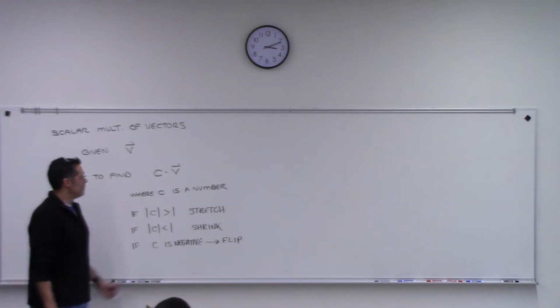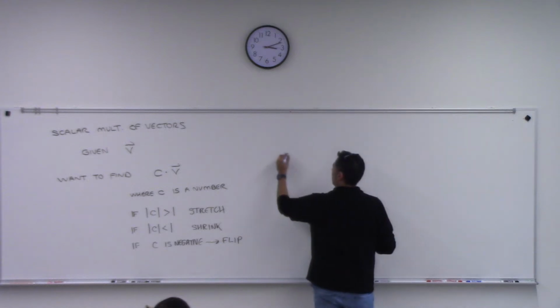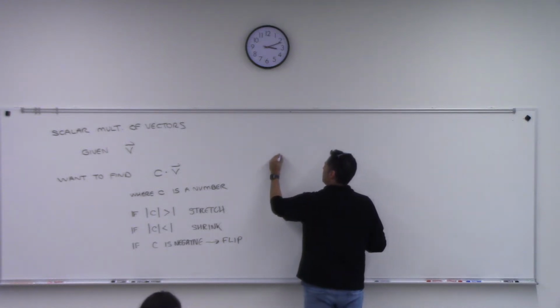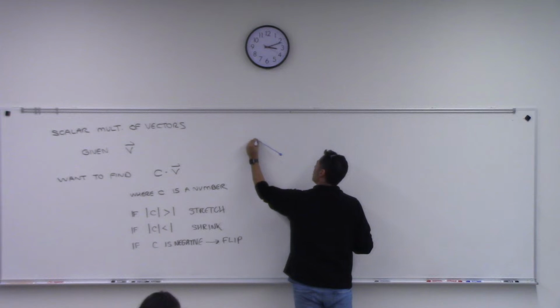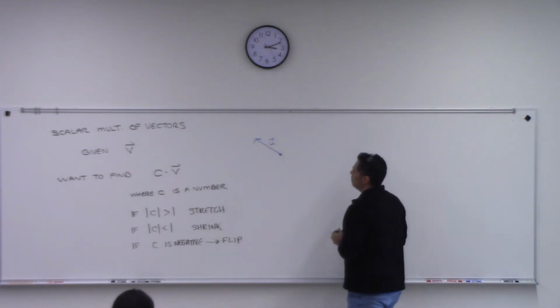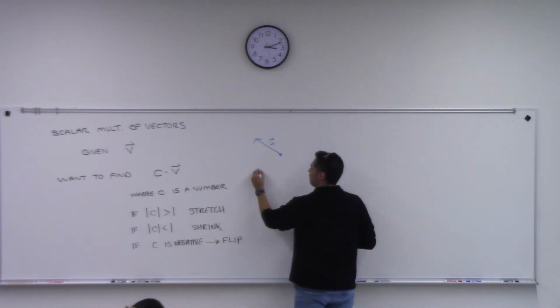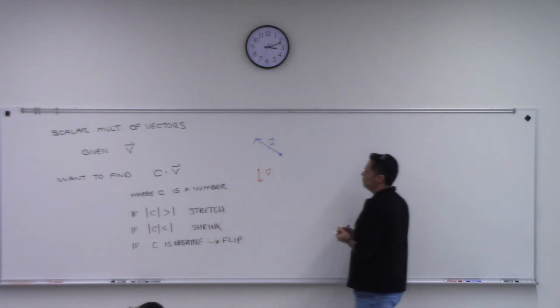I'm going to draw you some vectors. Let's let this vector be the vector u. Let's let this vector here be the vector v.